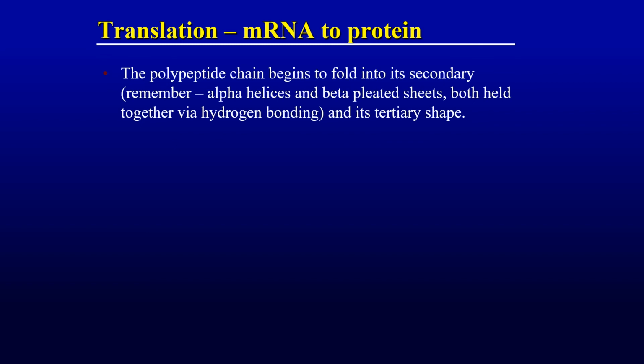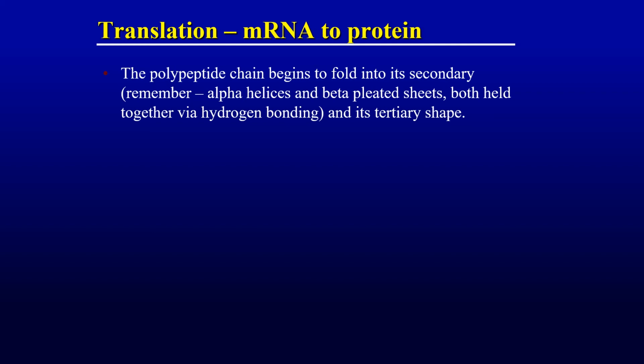Alright, so once the polypeptide chain begins to leave the ribosome, it starts to fold into a functional protein, or something that will approach a functional protein. Now remember, the primary structure of a polypeptide is simply the sequence of amino acids in the chain. And we already have a long polypeptide chain made of a chain of amino acids.